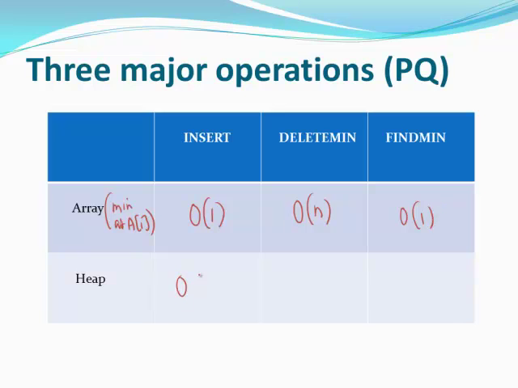Now instead, with a heap, we can talk about this new idea, because it is a tree, and we'll talk about the height of the tree, and we will say, okay, we could do both of these things in log n, and find min is still big O of 1.